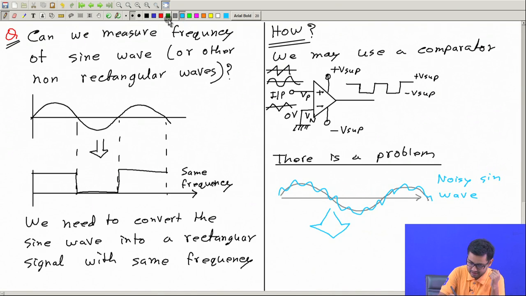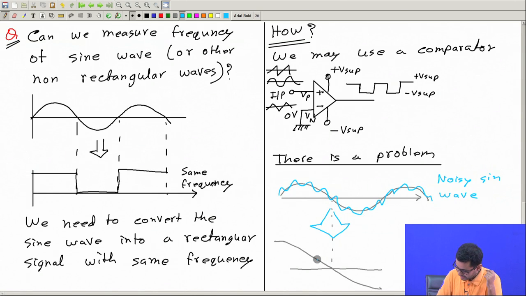So this is the point where I am zooming in. The sine wave should have been like this, but instead here the wave is like this.